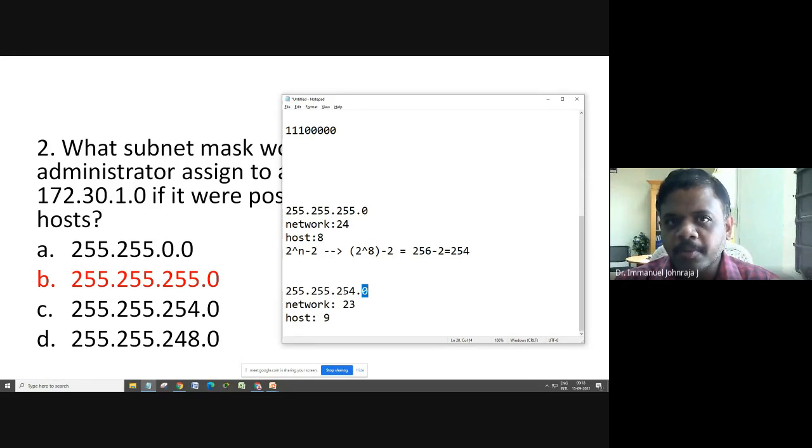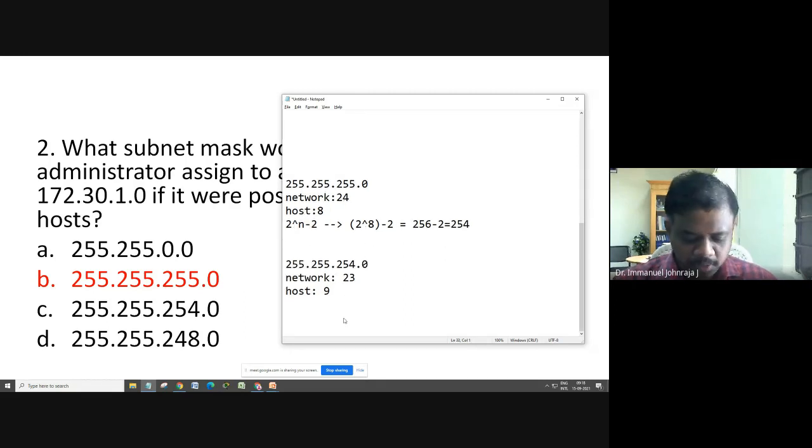You have already borrowed 1 bit from the network. So it becomes 23 and host is 9 bits. So 9 bits, what is the usable host? It is 2 power 9 minus 2. It's going to be 512 minus 2, which is 510. This is the number of usable host addresses in case you chose this IP.